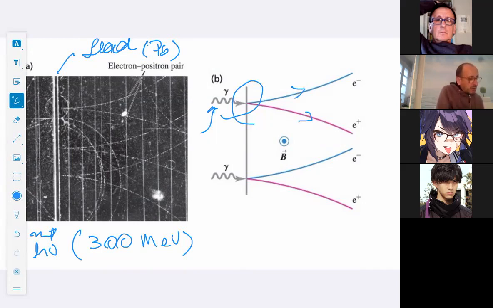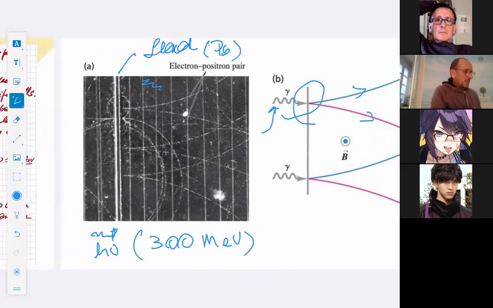And I'm showing them here because this is called a bubble chamber. So there's some sort of a gas in this region here. I don't know the name of it.